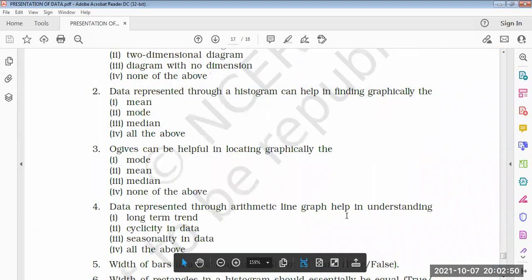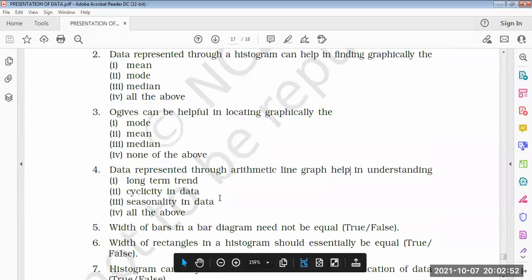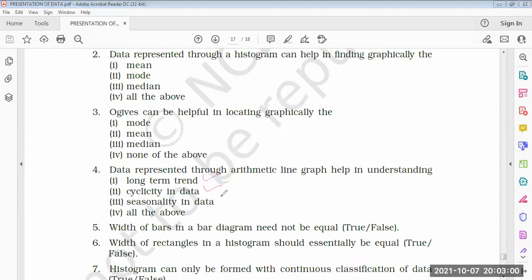That we discussed in the previous class. Now next, data presented through arithmetic line graph helps in understanding long-term trend, cyclicity in data, seasonality in data, all the above. Which one is correct? Not all the above. You see, cyclicity or seasonality, we may not get accurate result.